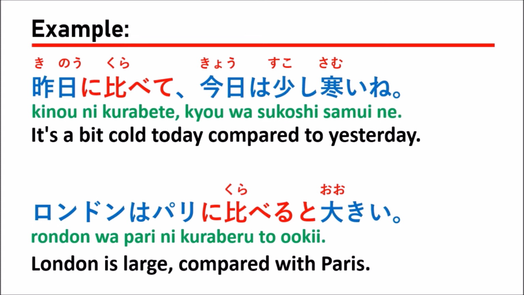But if you just say kurabete, it's the normal form for what you compare with, like compared to yesterday or compared to last week. You don't need to begin with "if".